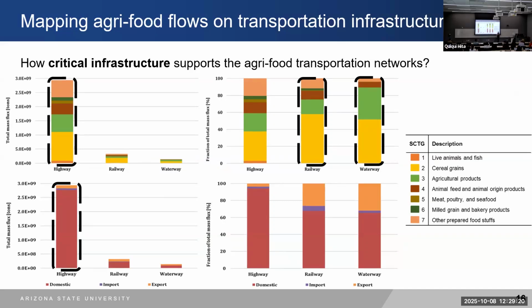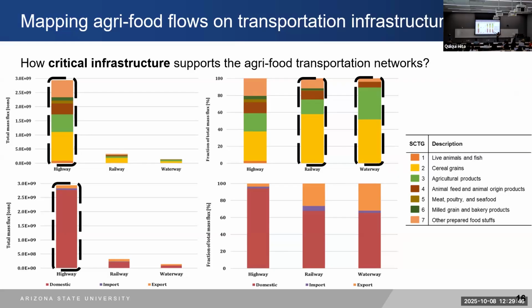That's going to change the load on the transportation infrastructure, right? So we realized that highways are really critical for food distribution in the US. Someone told me that 65% of the trucks we see on the highways are for food delivery in the US. I haven't been able to find where that data comes from, but I will let you know if I can.